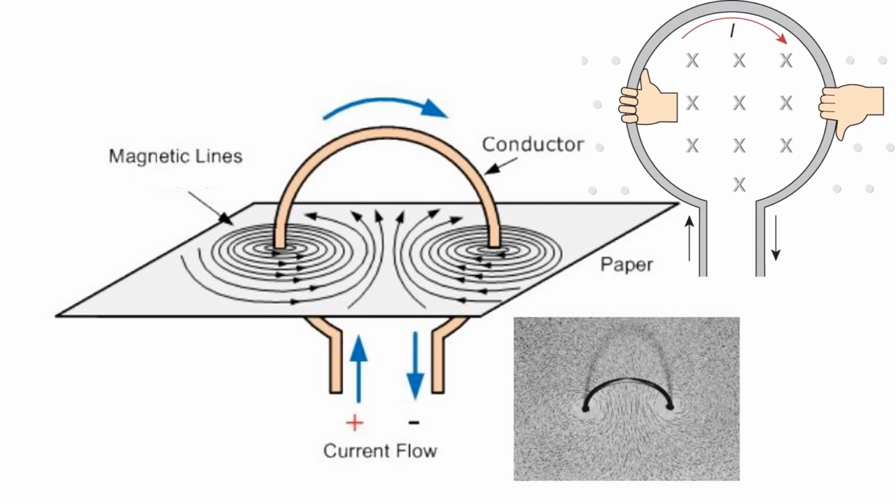If you look at the direction of current flow through the loop, the current here should be up and the current here should be down. Use your right hand and point your right thumb according to the current flow. You will see that the magnetic field lines on the left point of the loop should be anti-clockwise and here should be clockwise.